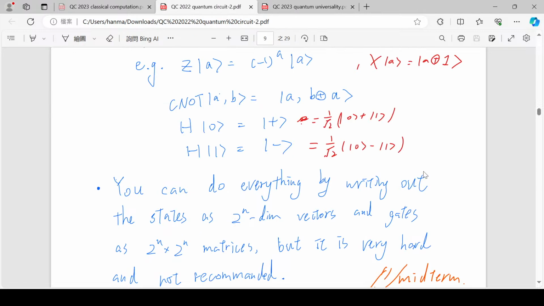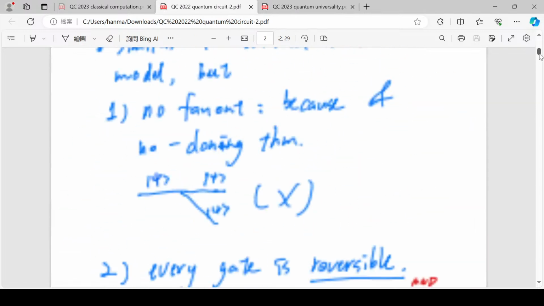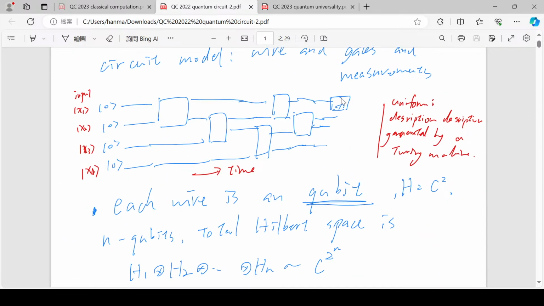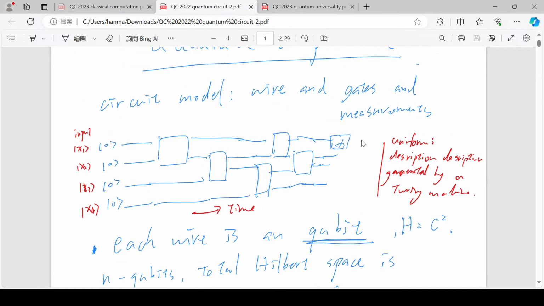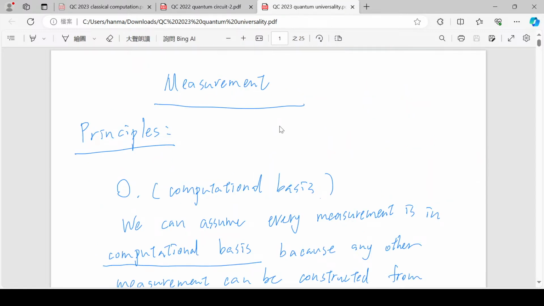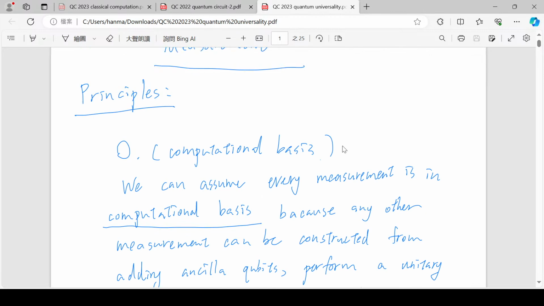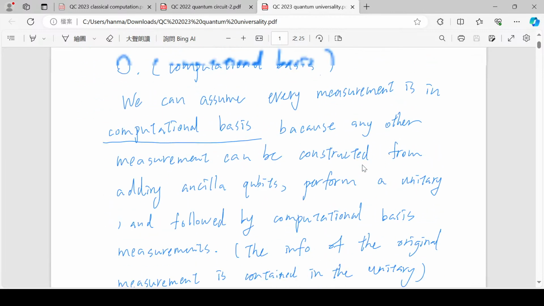Remember, at the end of the circuit there is a measurement, and we assume it is a computational basis measurement. Let's say that once again in a bit more detail.